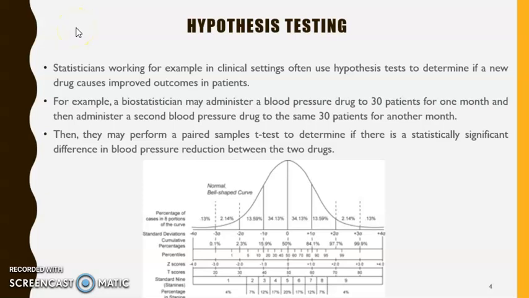So, what is the hypothesis? The hypothesis is this: the drug causes improved outcomes in patients. So, based on statistical techniques and the data that they have, because statistics is based on data, and that's the reason these two things are many times confused, because both statistics and data analytics are based on data.